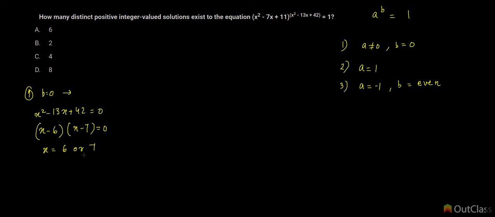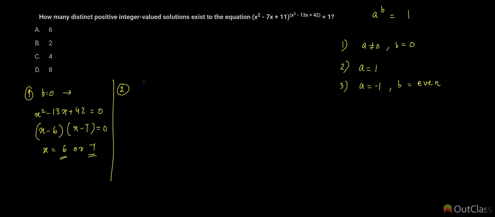Now the only thing to check is a equal to 0. 36 minus 42 plus 11 is 5, and 49 minus 49 plus 11 is 11. In both of these you get a non-zero number raised to 0, so they're both valid. We have found two solutions.